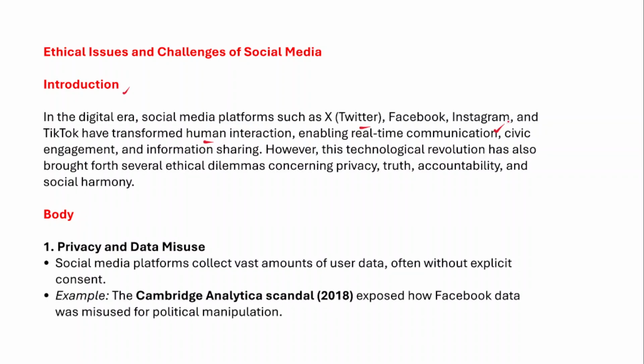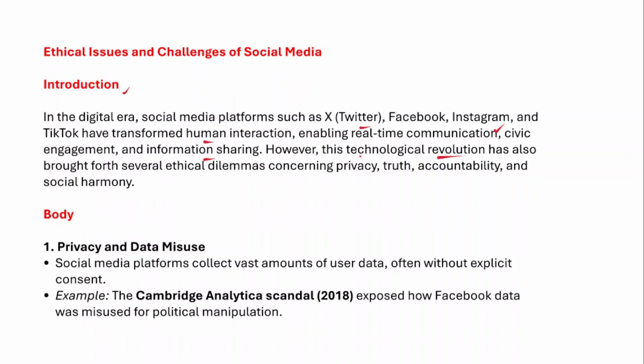It has further strengthened civic engagement and democratization of information, because of limitless information sharing. Therefore, in this digital era, the technological revolution that took place has brought forth a lot of ethical dilemmas.